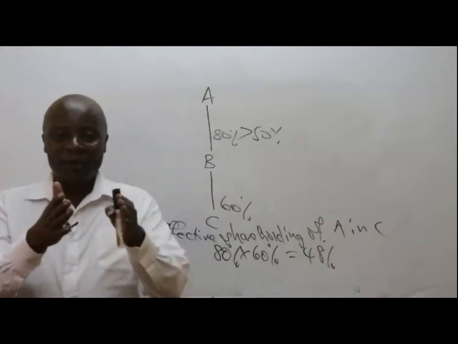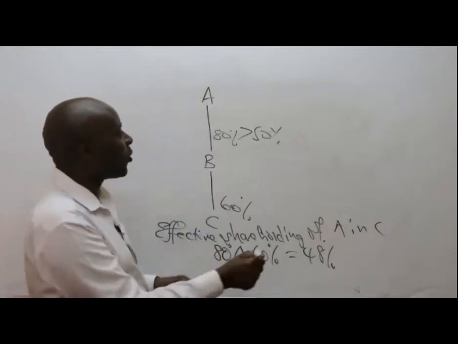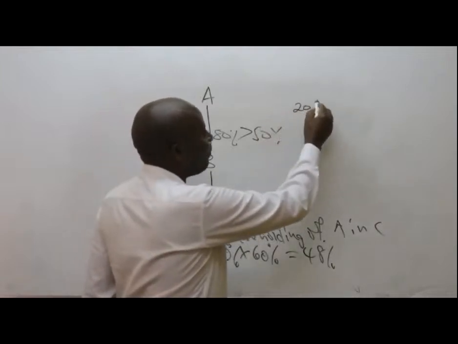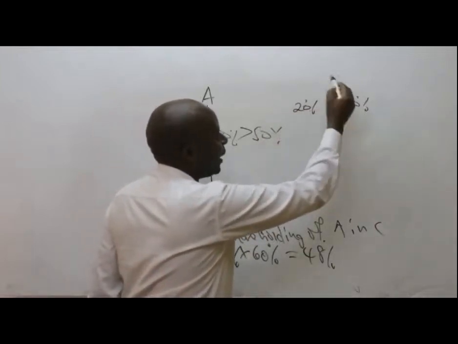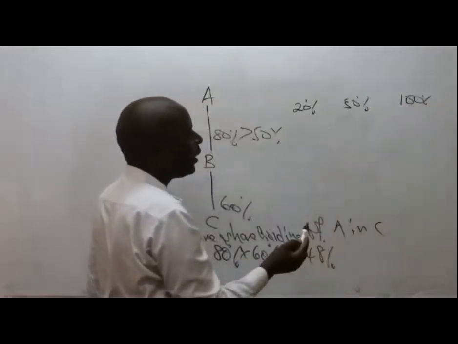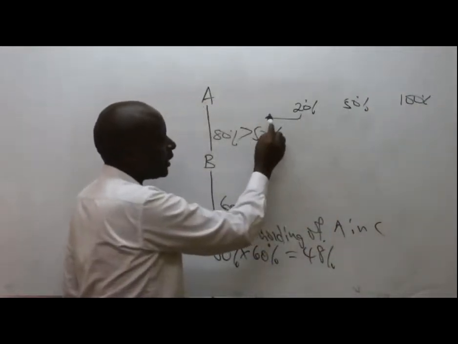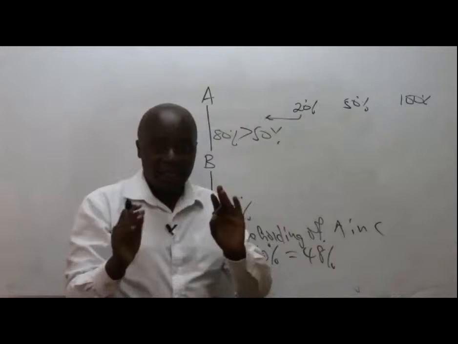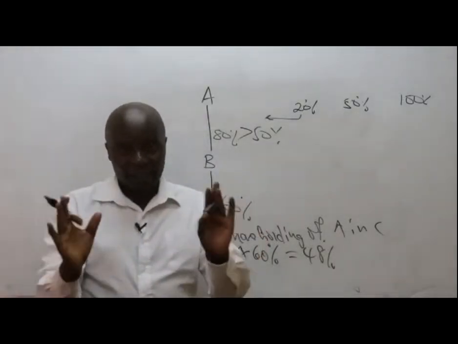Remember our thresholds. Our thresholds are like this: we have 20%, we have 50%, and of course we have 100%. Anything less than 20% is basically a mere investment.